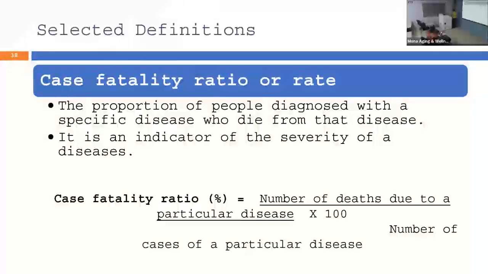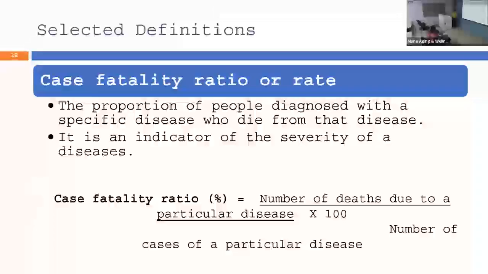The other definition you need to know is the case fatality ratio, and here too what's underlined is the numerator. Most people use case fatality rate, but I've seen case fatality ratio. It's the proportion of people diagnosed with a specific disease who die from that disease.